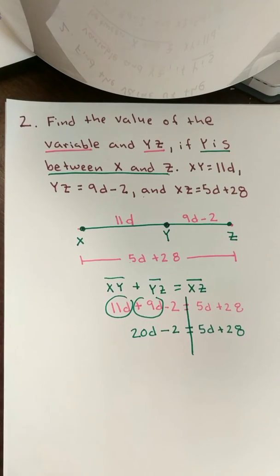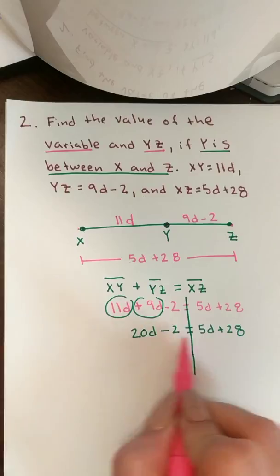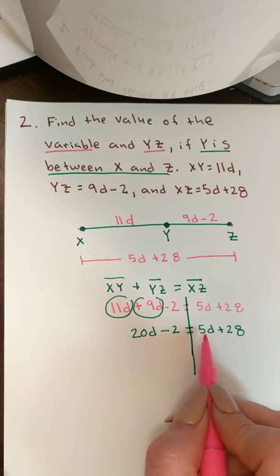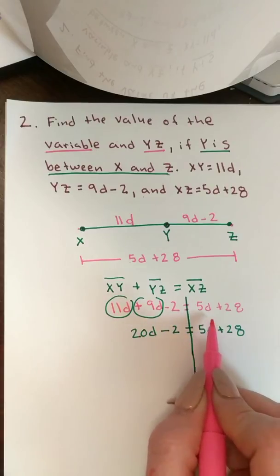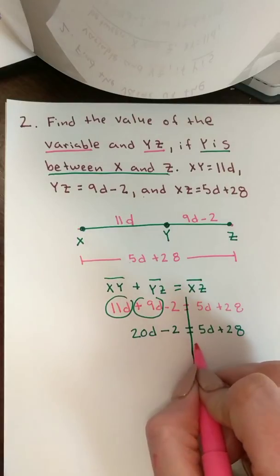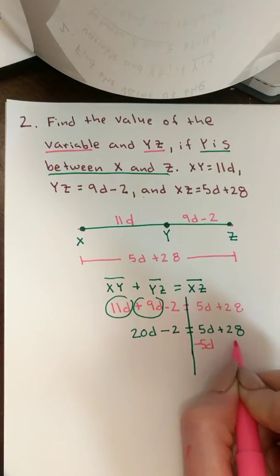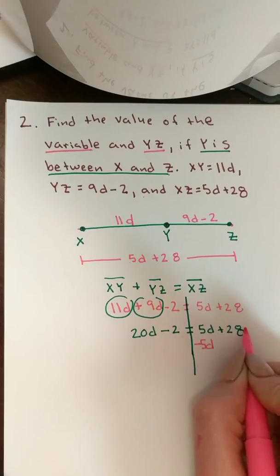Now we want to isolate our variable. We have our variable on both sides. It's best to always start with the smallest number. Between 20D and 5D, 5D is the smallest. Since 5D is positive, we're going to subtract 5D from both sides. I can't put 5D here because 28 does not have a variable.